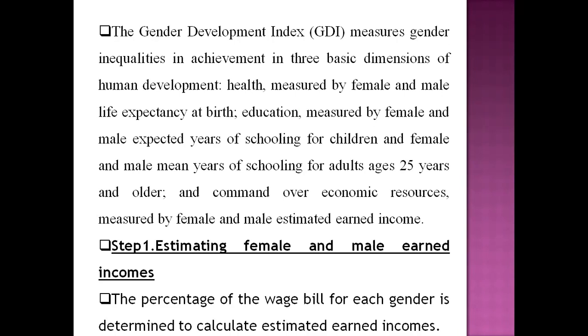So here we have three indicators in the Human Development Index: health, that will be measured by female and male life expectancy at birth. Education also is measured by female and male on the basis of expected years of schooling and mean years of schooling for adults aged 25 years who completed schooling or education.